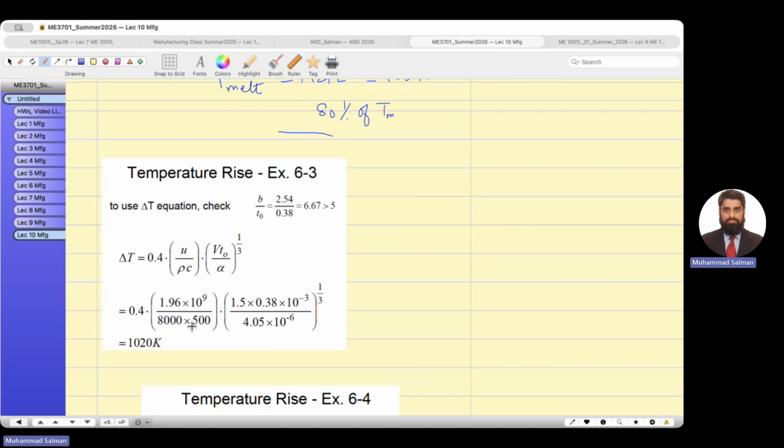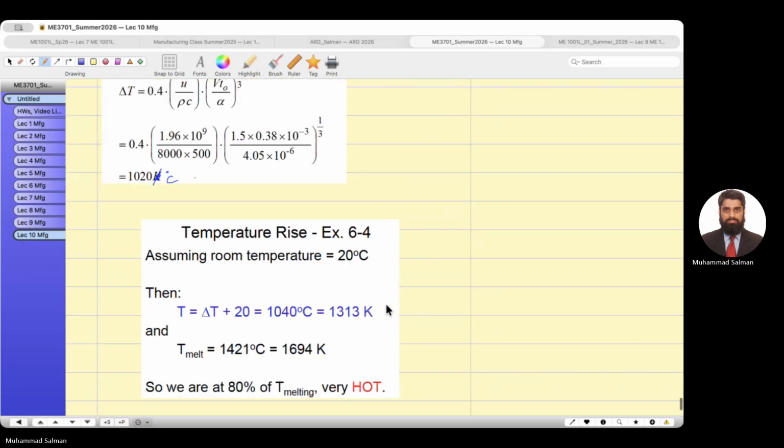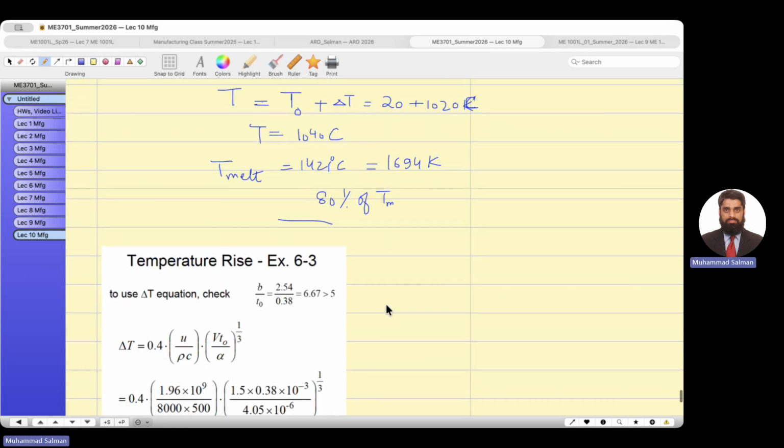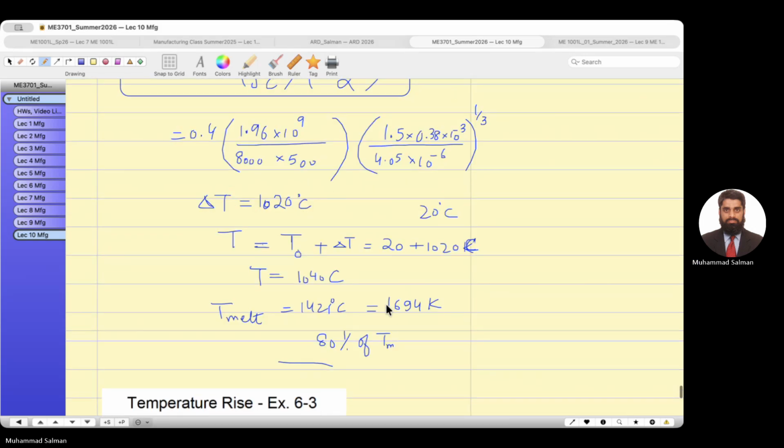It should be Celsius then, which is equal to 1313 Kelvin, because 1 Kelvin equals Celsius plus 273.